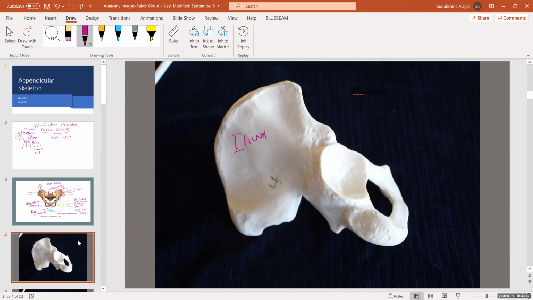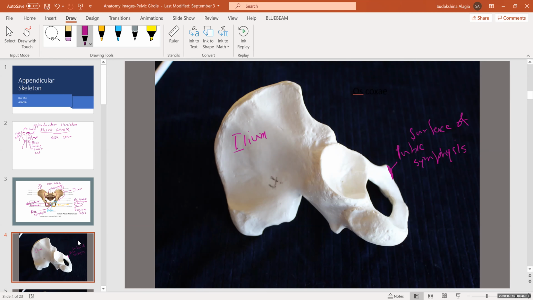How do you know which one is pubis, which one is ischium? For that, again, this surface that we are looking at is where the pubic symphysis will be. So this is the pubic symphysis surface.